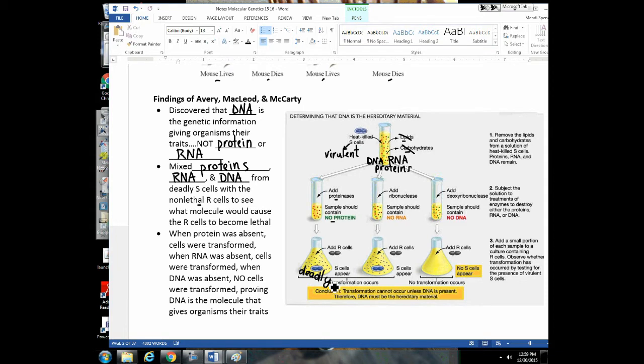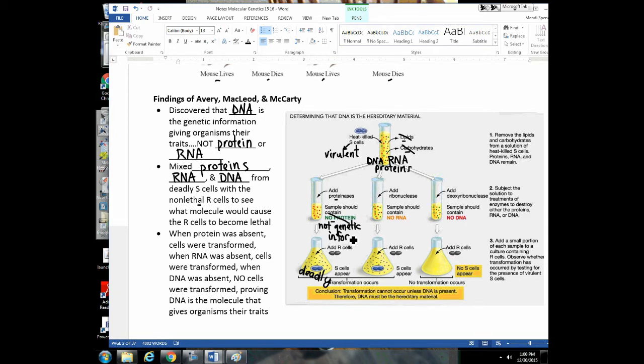So something was in that mixture that was being taken up by these non-lethal cells, making them now deadly. So since there was no protein in there, it could not be the protein. So protein is not the genetic information, because it was gone, yet these cells still were able to become lethal.